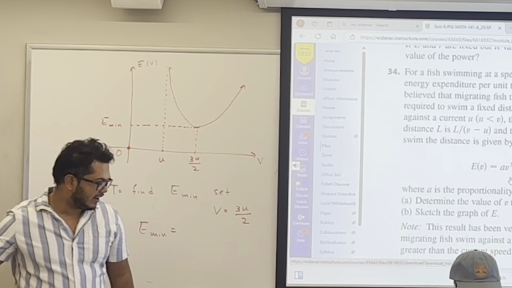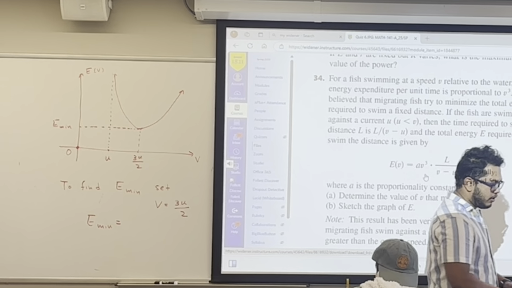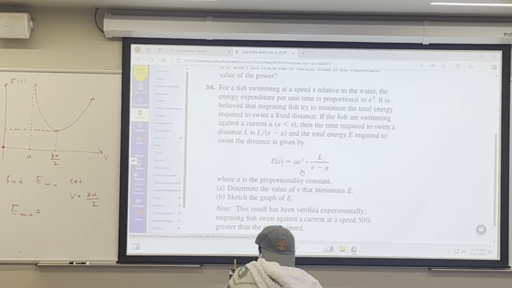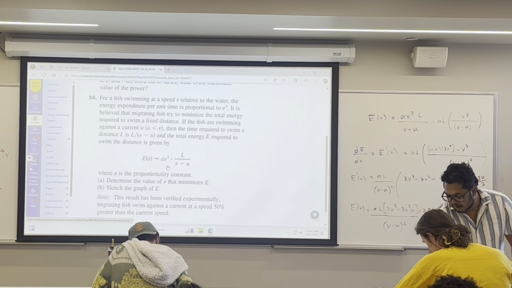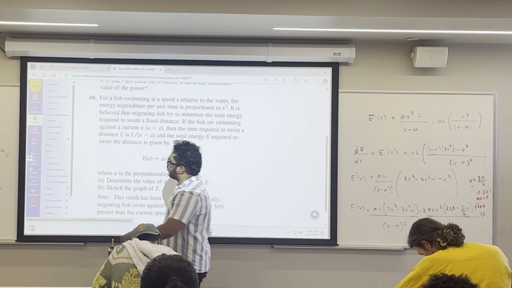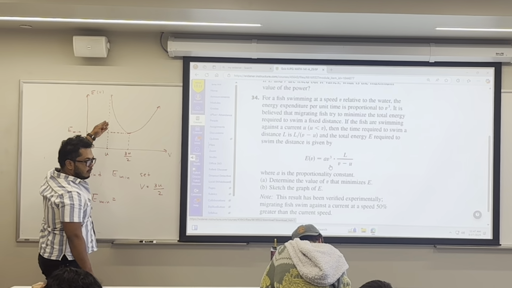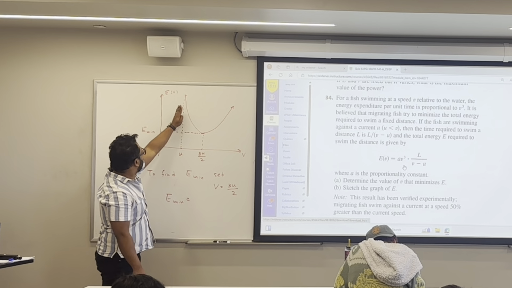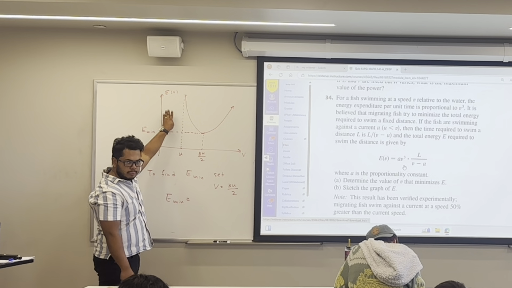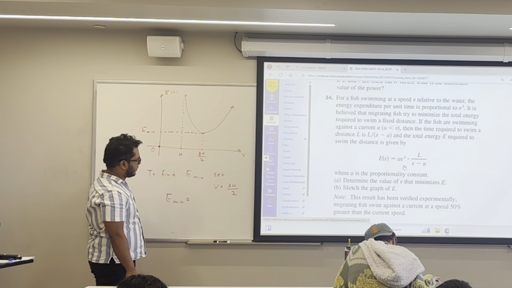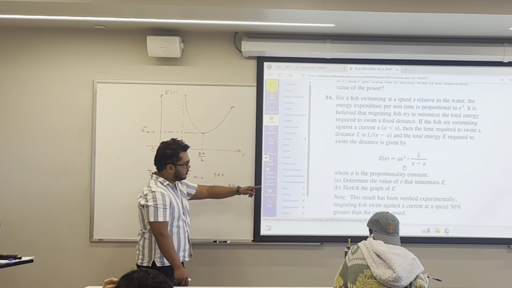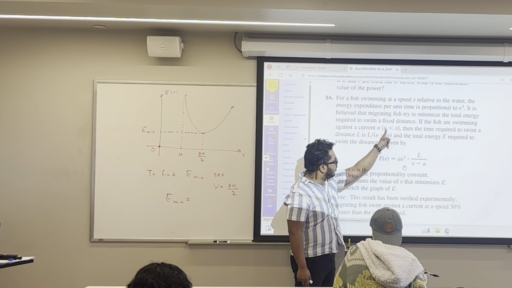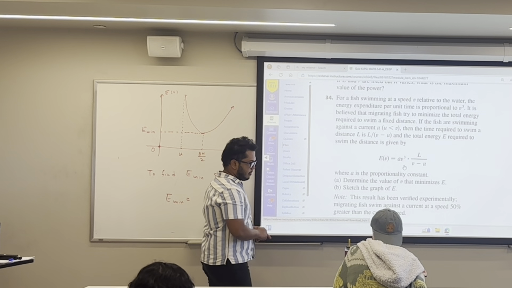Is it clear how I plug? And you can't cross that line. You never cross this line, because you don't draw anything here. Because of this condition, my V is always greater than U.